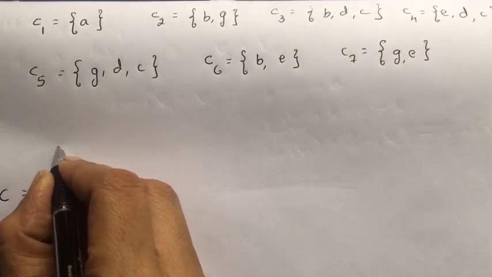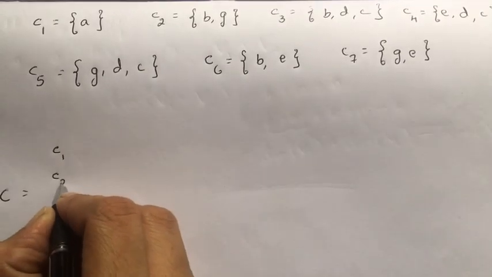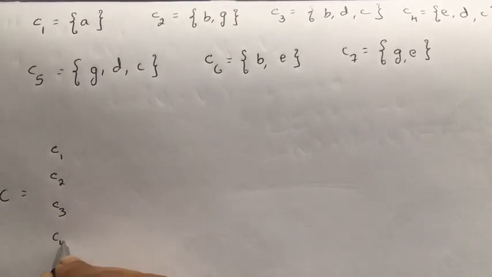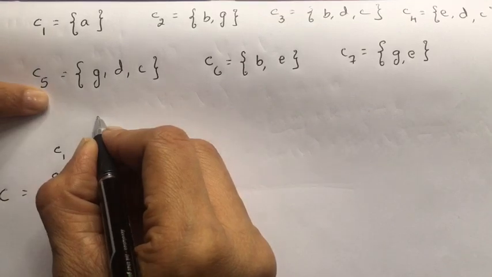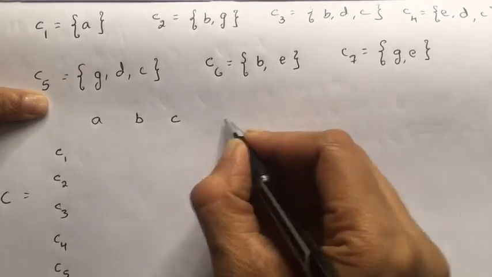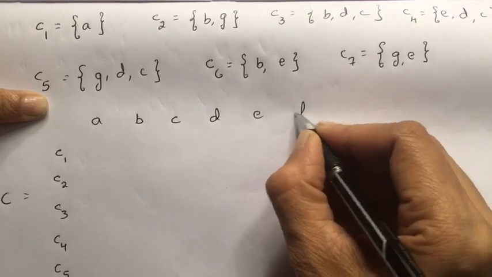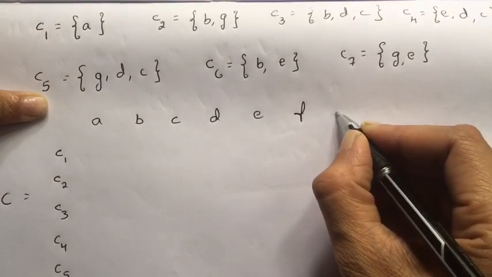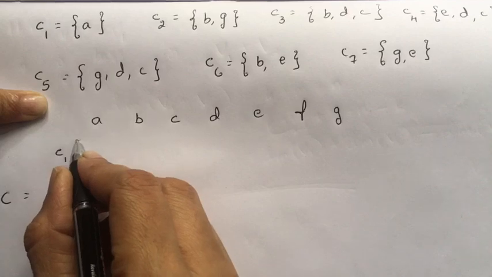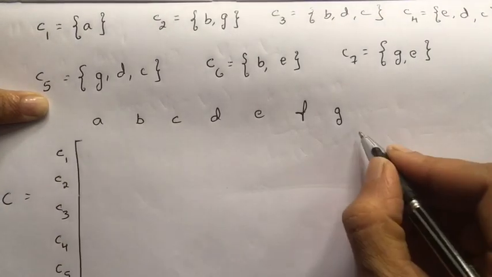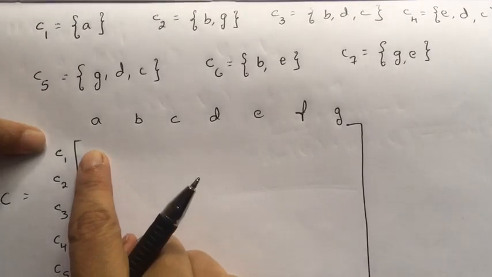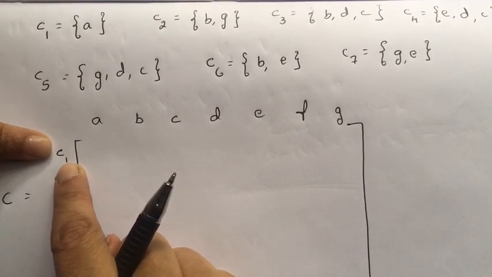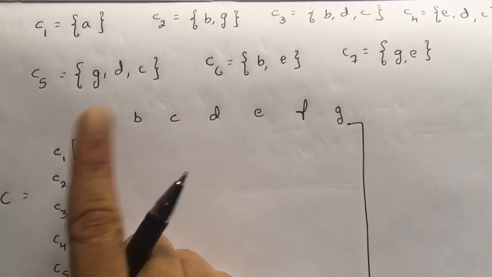So 7 cutsets are there: C1 to C7, and the edges are A, B, C, D, E, F and G. The entry is 1 if the ith cutset contains the jth edge.